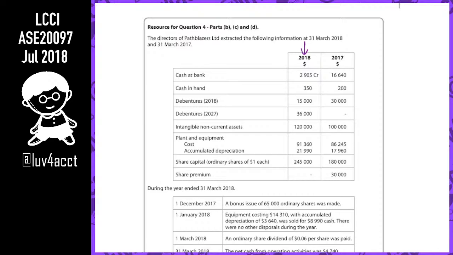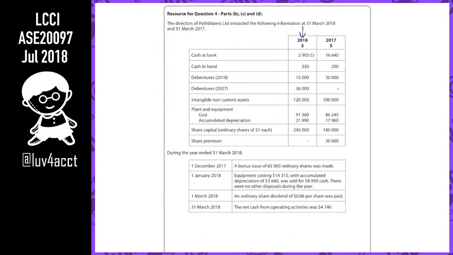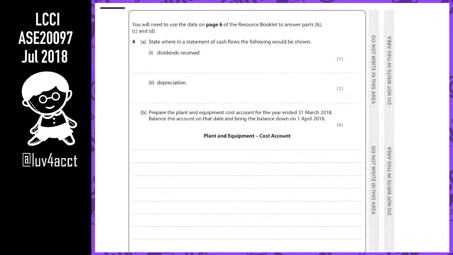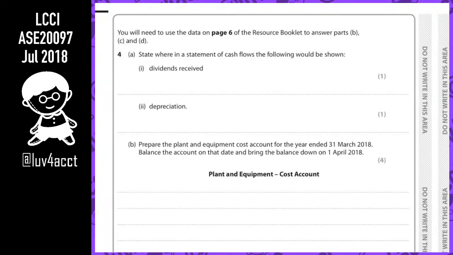State where in the statement of cash flows the item would be shown. Dividend received would be investing activities. Depreciation would be operating activities in the adjustment part.